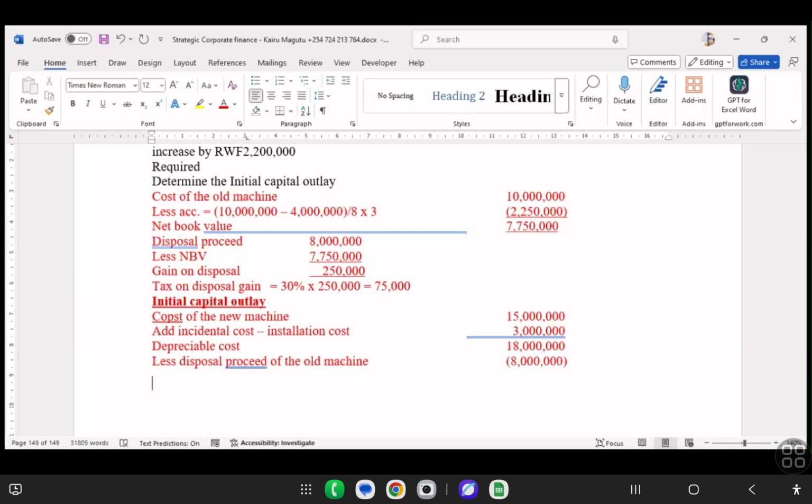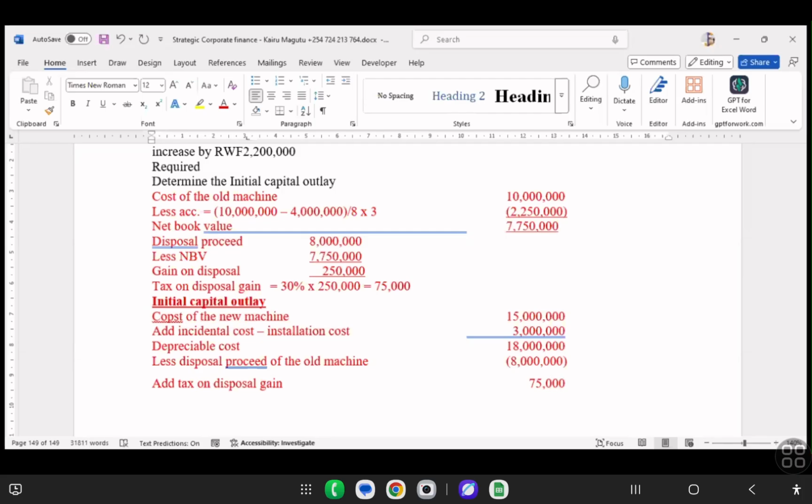We have the difference, then we add tax on disposal gain. We've said that the tax on disposal gain is 75.